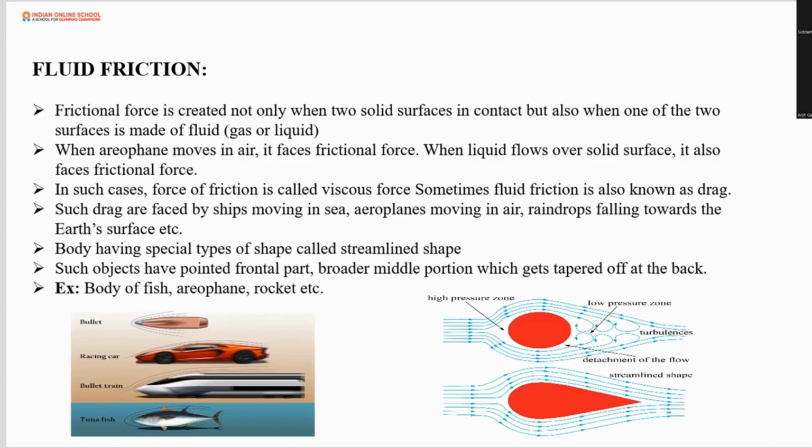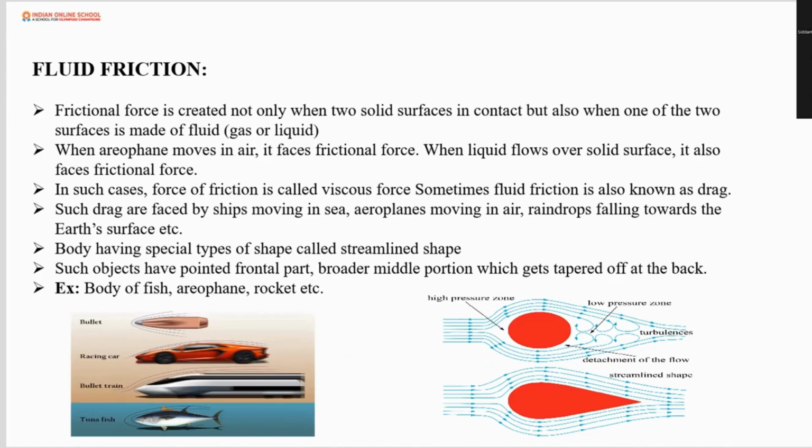See, we are on that topic only. Friction also occurs between fluids, like in air and water. Also, there is friction. So I'm just telling you the topic here, in fluid friction. After that, if you have any doubt, you can ask me. We have the feeling that friction will only occur when one surface is solid and the other surface is solid.